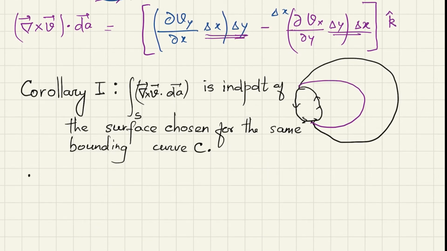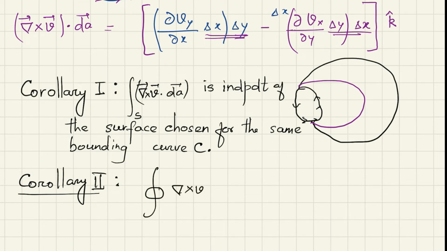Then there is another important corollary which is easy to see, but it is very useful. Suppose there is a closed surface.